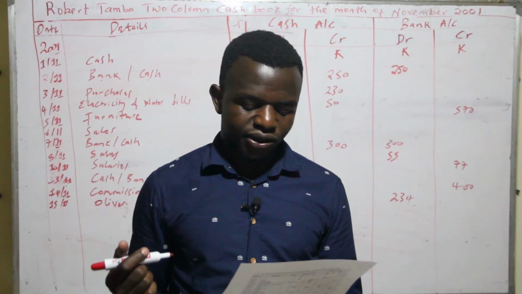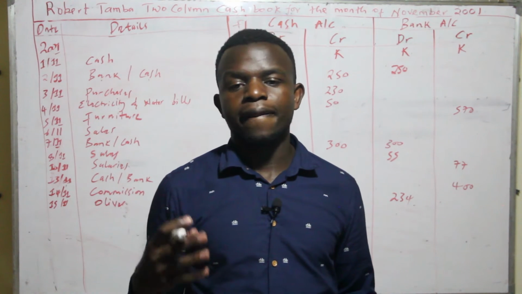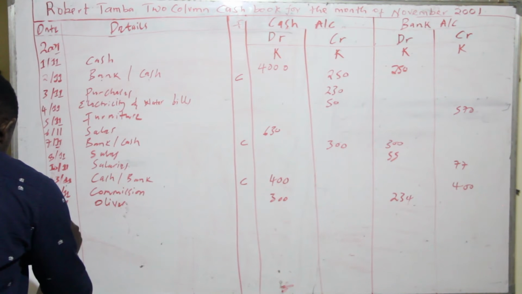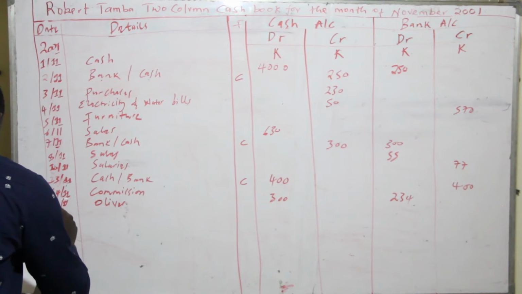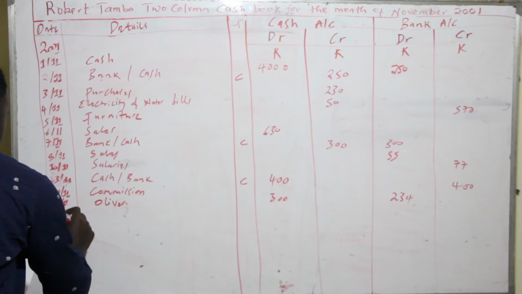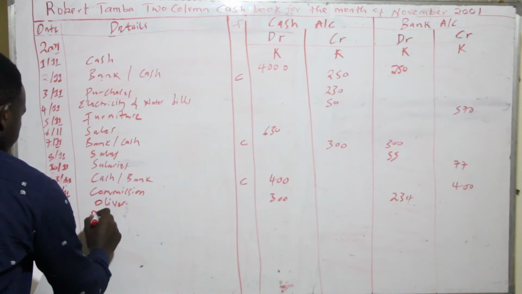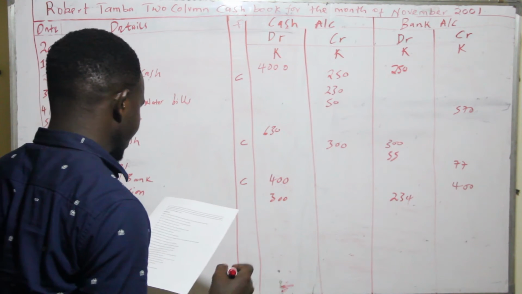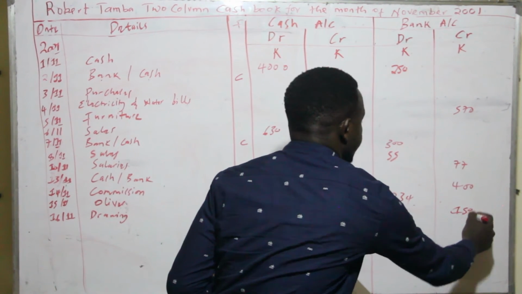And since we are withdrawing cash from the bank, that means we're going to credit the bank account. So on the 16th of November, say drawings. So withdrew from the bank 150 kwacha. So we are going to credit our bank account.